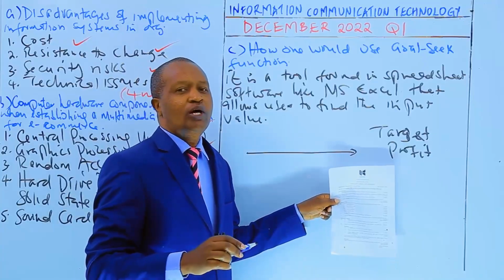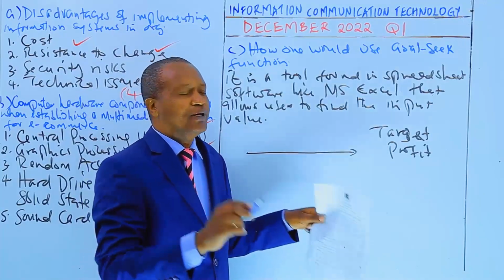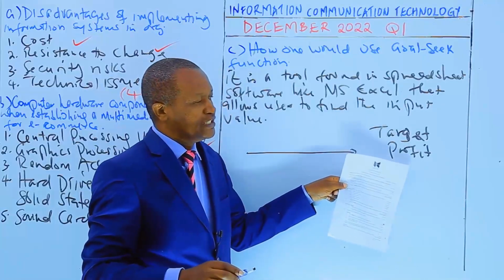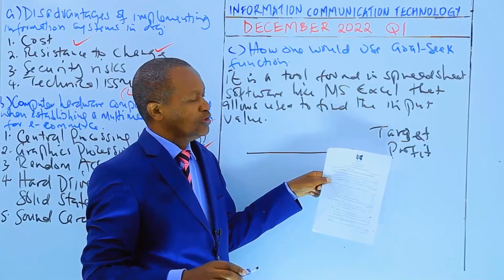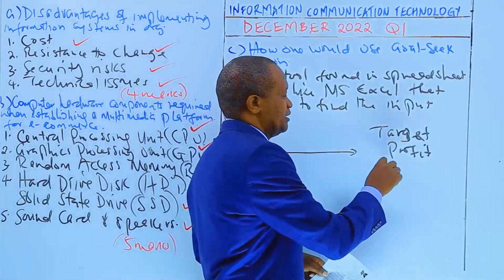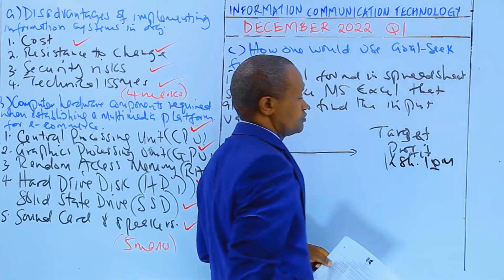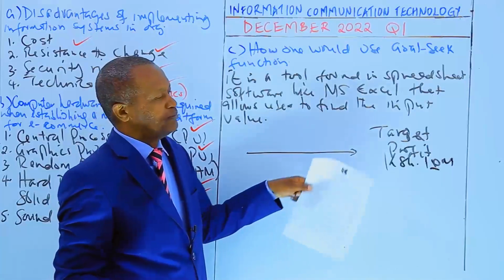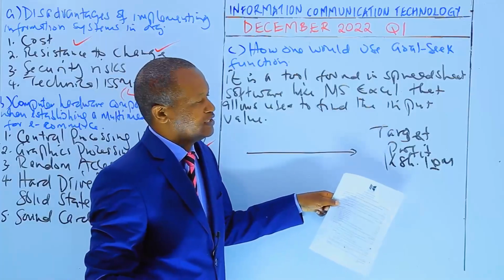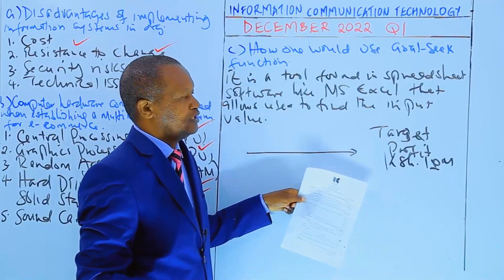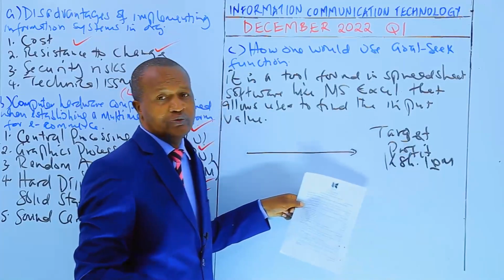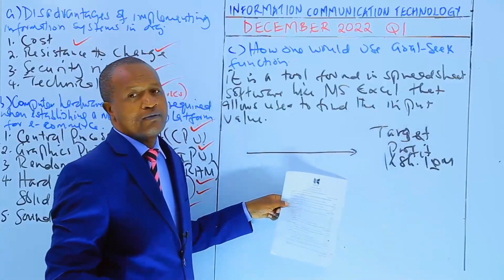A business may want to determine the number of units that may be needed to, say, earn a profit of Kenya shillings 10 million. How many units can be sold for company A to hit a target profit of 10 million?